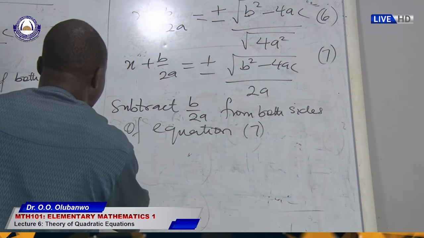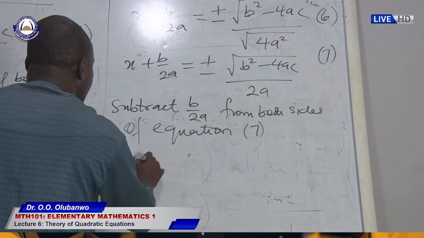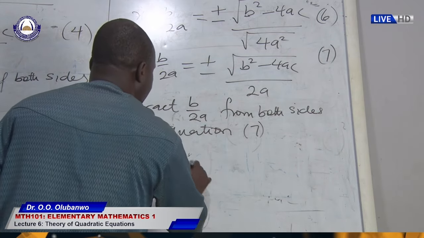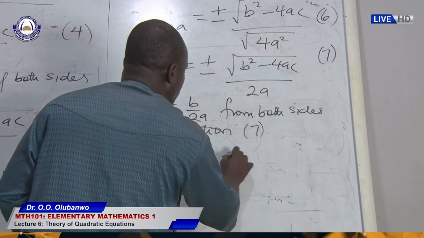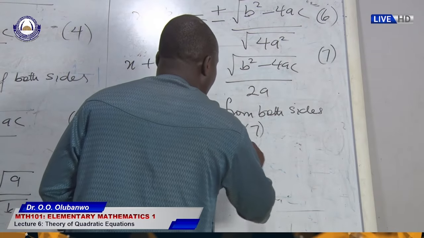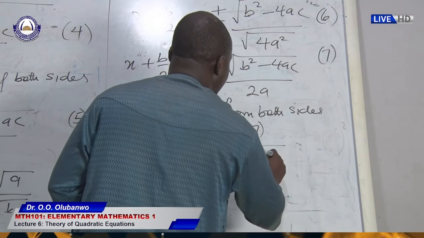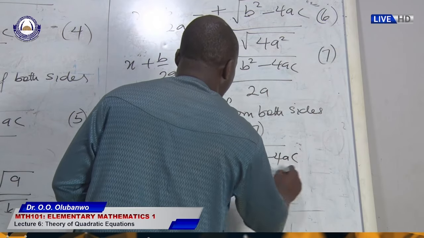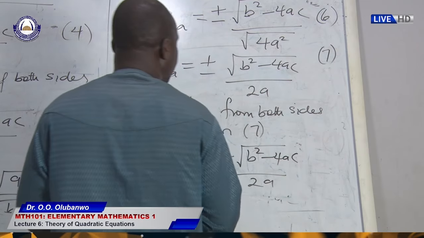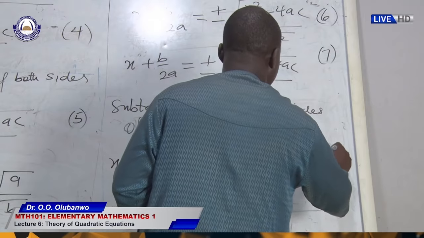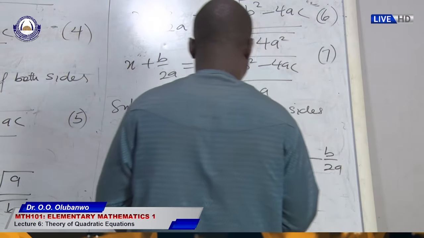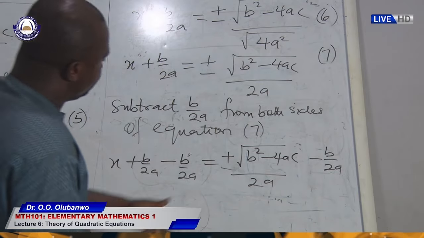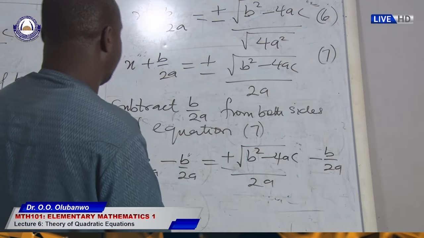This will be x plus b over 2a minus b over 2a equals plus or minus the square root of b squared minus 4ac over 2a, then minus b over 2a. We can put this in front if we so desire.